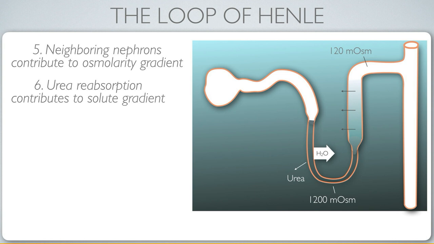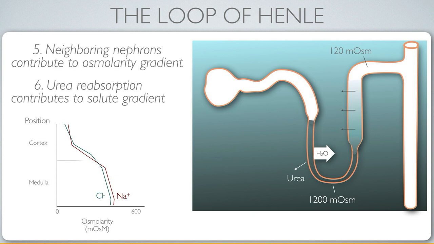So if we look at the depths of the kidney, anywhere along the kidney, as you go from a superficial position to a deeper position into the medulla, and you track the osmolarity as you go through that depth, then you find that sodium and chloride make it so that the osmolarity is greater and greater as you go deep into the medulla.